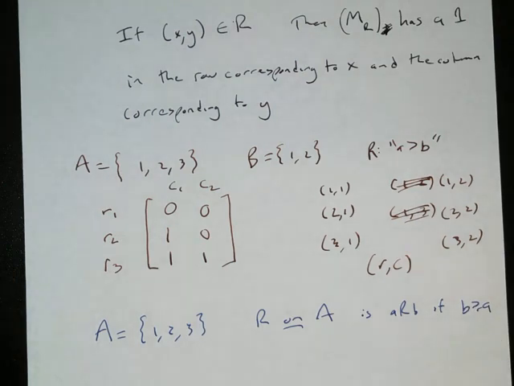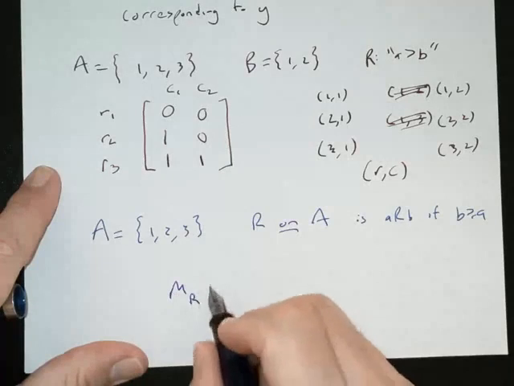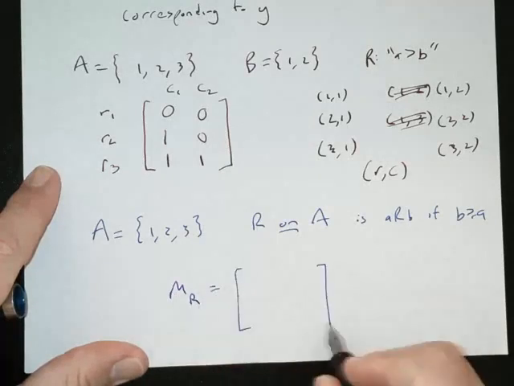This time, instead of going from A to B, I'm going from A to itself. A relation on A goes from A to itself. You should be able to come up with a 3 by 3 matrix, 3 rows, 3 columns, that describes this relation. What is the matrix for this relation?